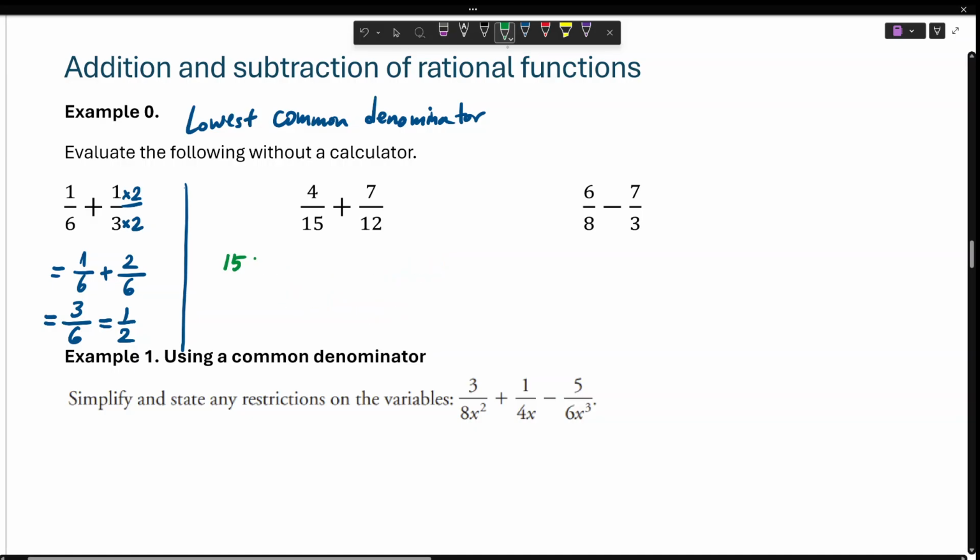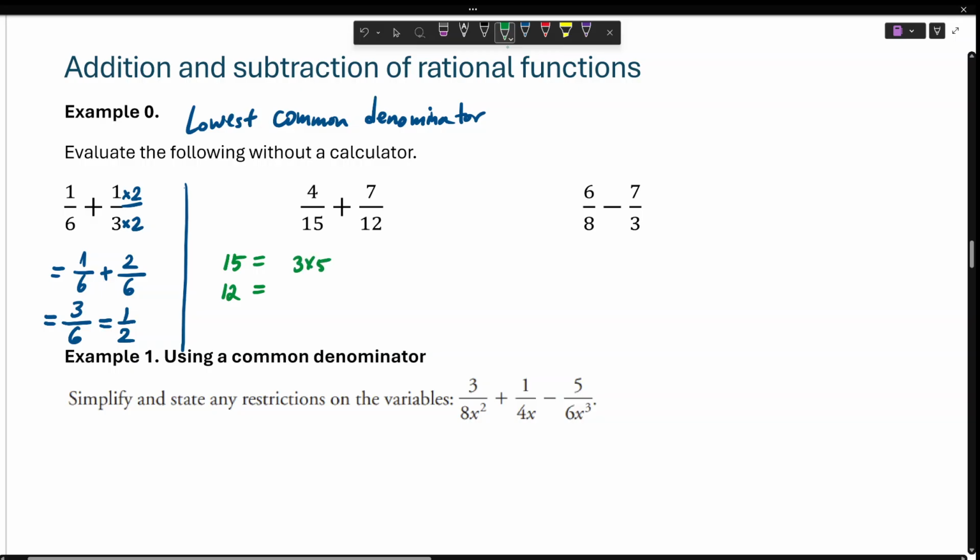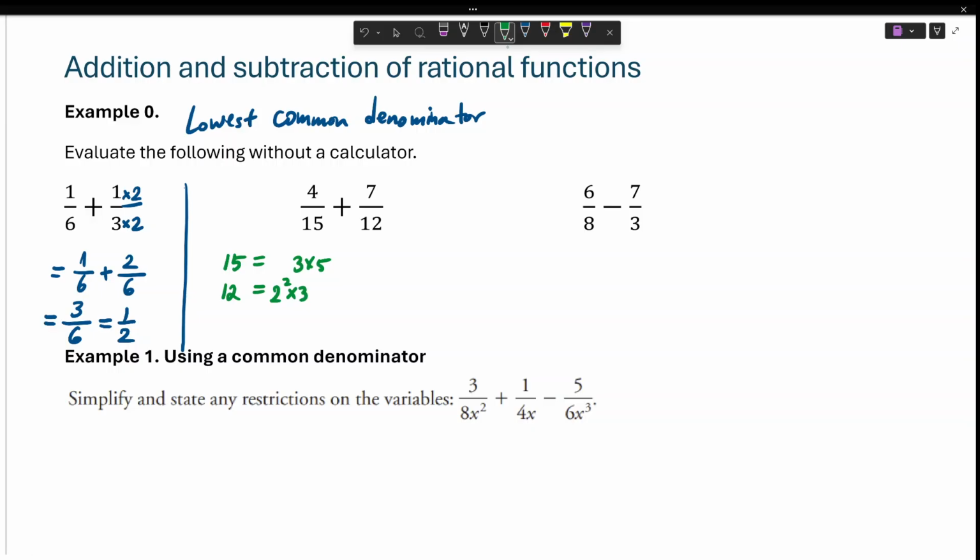Let's notice that 15 is 3 times 5, and 12 is 3 times 4. And 4 is like 2 squared, right? So let's write that as 2 squared times 3. So we're looking for the lowest common denominator, right? Whatever this denominator is, it must have at least 2 2's in it because the 12 needs to be in there.